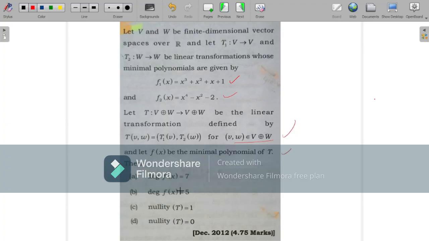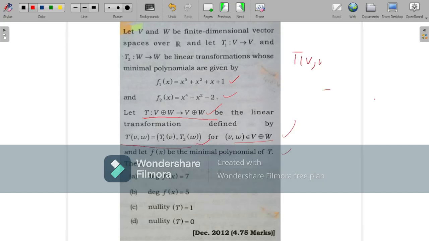Okay, so how can we solve this type of problem? First of all, see, T is a linear transformation from vector space V direct sum W to V direct sum W, which is defined as follows.